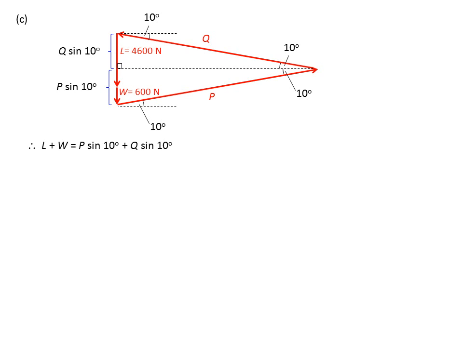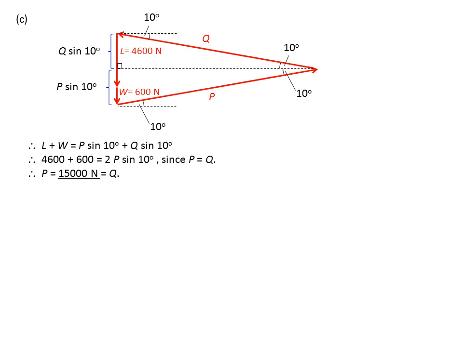So L plus W will be P sine 10 plus Q sine 10. Therefore we can easily calculate P, because P and Q are equal by symmetry. If we simplify this first equation, we get this second equation. So P is now easily found to be 15,000 newtons, in agreement with our scale diagram.